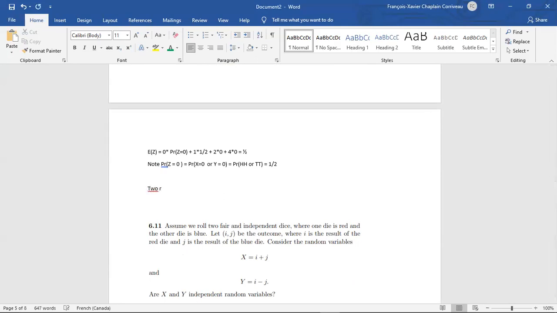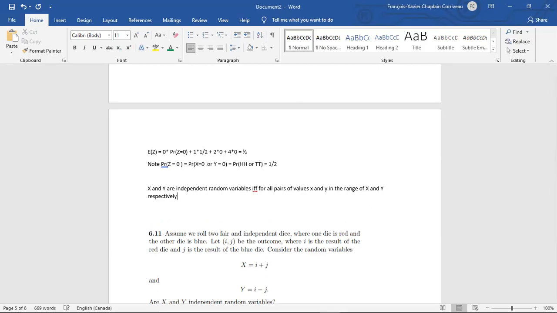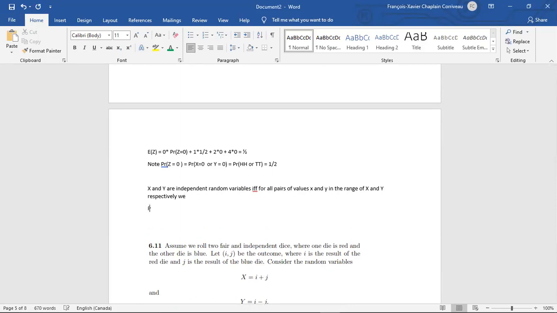Two random variables, X and Y, are independent random variables if and only if for all pairs of values x and y in the range of X and Y respectively, we have the following equality: the probability that X is equal to x and Y is equal to y is equal to the probability that X is equal to x times the probability that Y is equal to y.